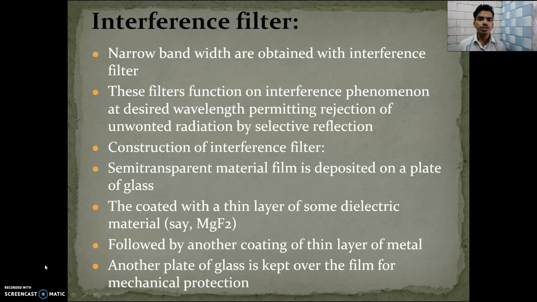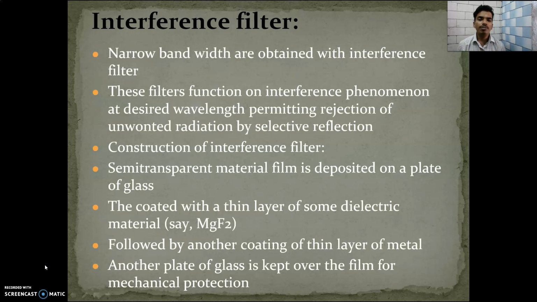Construction of interference filters, how it is constructed. A semi-transparent material film is deposited on a plate of glass, and that is coated with a thin layer of dielectric material, say magnesium fluoride. That is followed by another thin layer of metal.